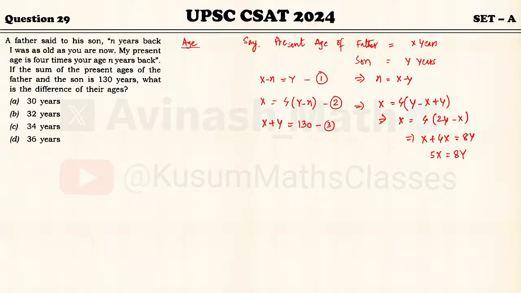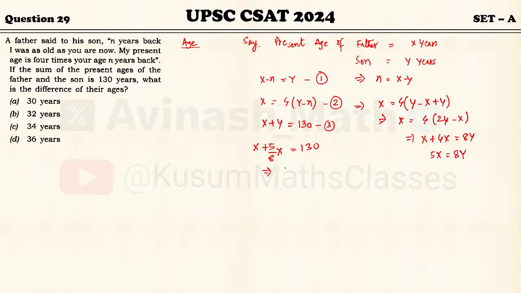Now refer to equation number 3. X plus Y is actually 130, right? So put the value of Y, which is 5 by 8 X, X plus 5X by 8 is 130.